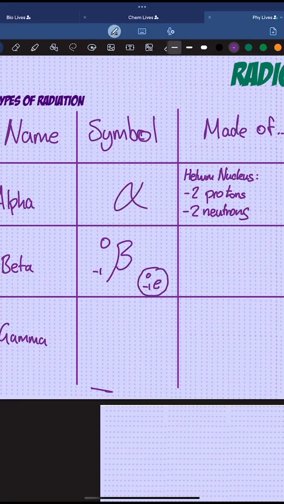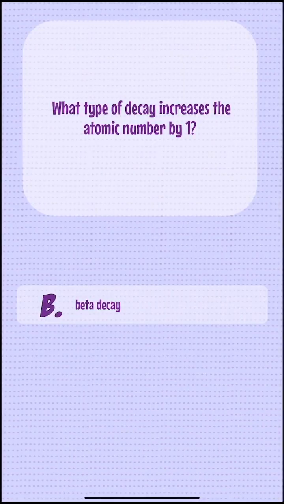Good, 4 and 2 for alpha. And for gamma, yep, well done, it's 0, 0. And for alpha, you might see it like this: He, 4, 2, because remember, it is a helium nucleus. So don't get confused if you see that. It could be both.